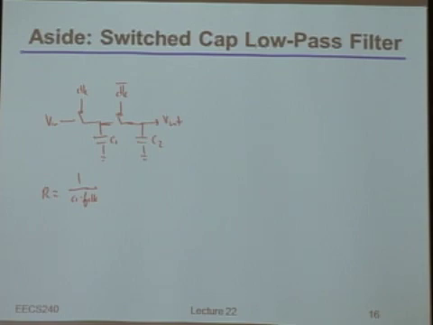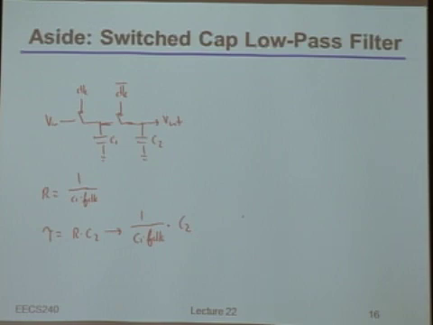And just like with any RC low-pass filter, I could say that the time constant is just R times C. If I use the actual value of the resistance, then my time constant is 1 over C1 times the clock frequency times C2.